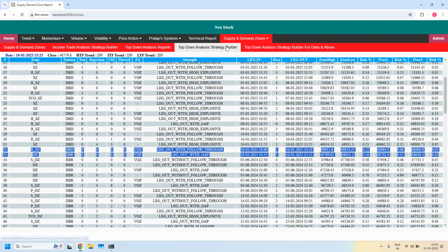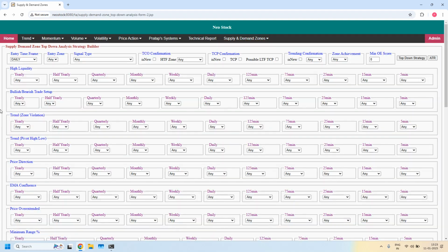Next we will generate bullish and bearish trade setups for monthly, weekly and daily income trades. First, bullish trade setup for monthly income trade. Entry time frame is daily. Entry zone is demand zone. In bullish or bearish trade setup at a daily time frame, because this is the entry time frame, I am selecting the value bullish.